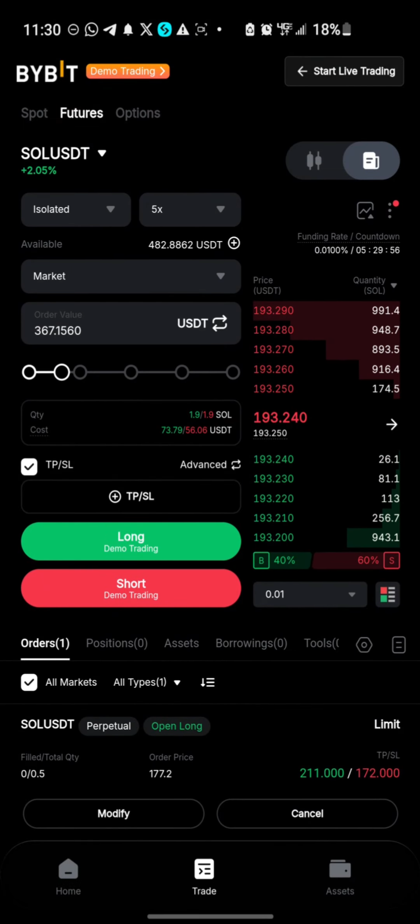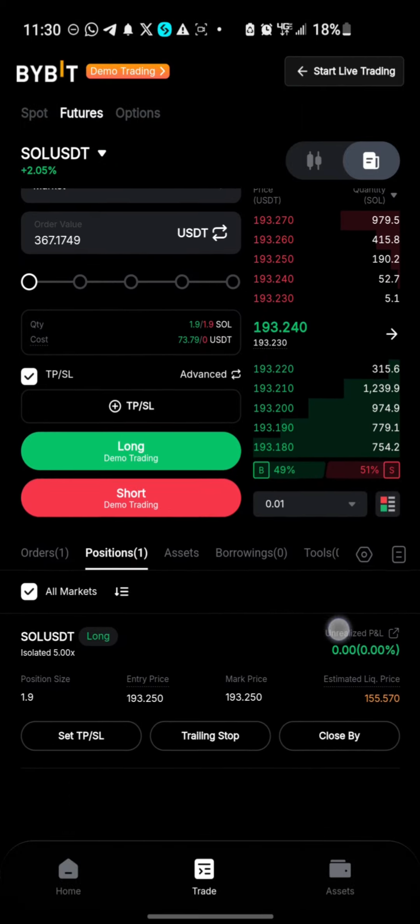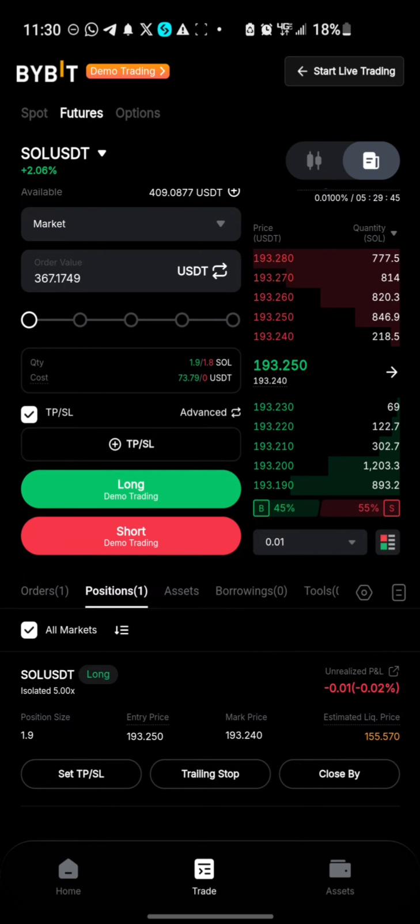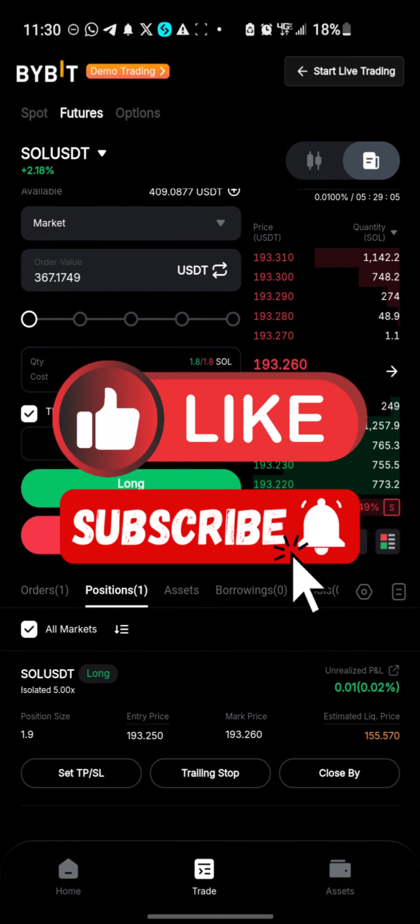Okay, that's it. Then you select the long button and the trade will be automatically placed. You can see the trade has opened under the position type. So that's the difference between current market price and limit order. Okay, with that, see you in the next video.